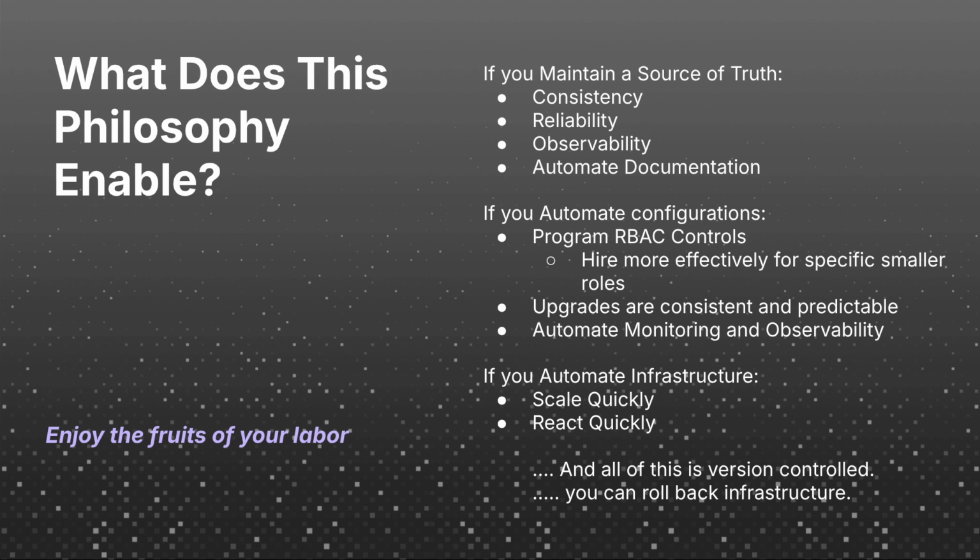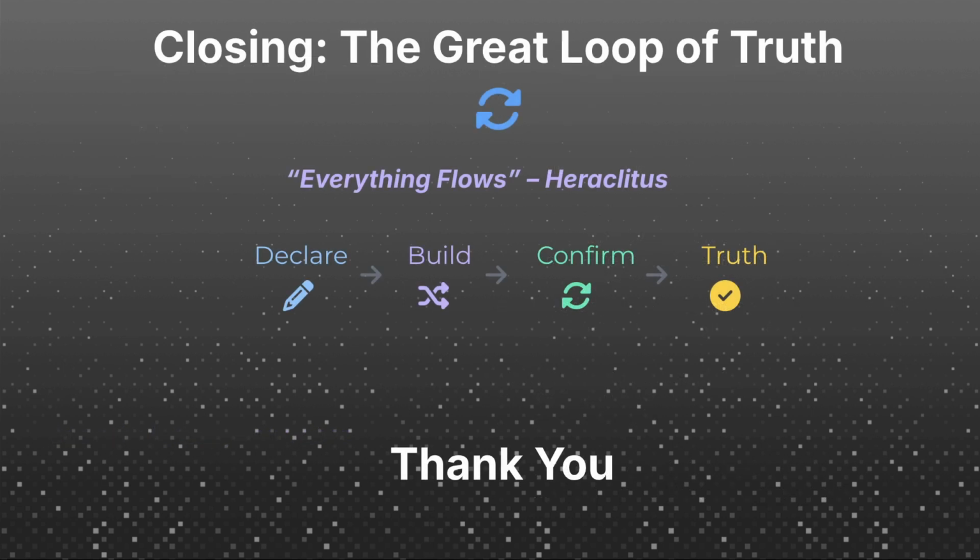You're no longer just chasing project to project. And so in closing, these orchestration loops allow you to flow easily because you declare, you build, it's confirmed, and you know it's true.